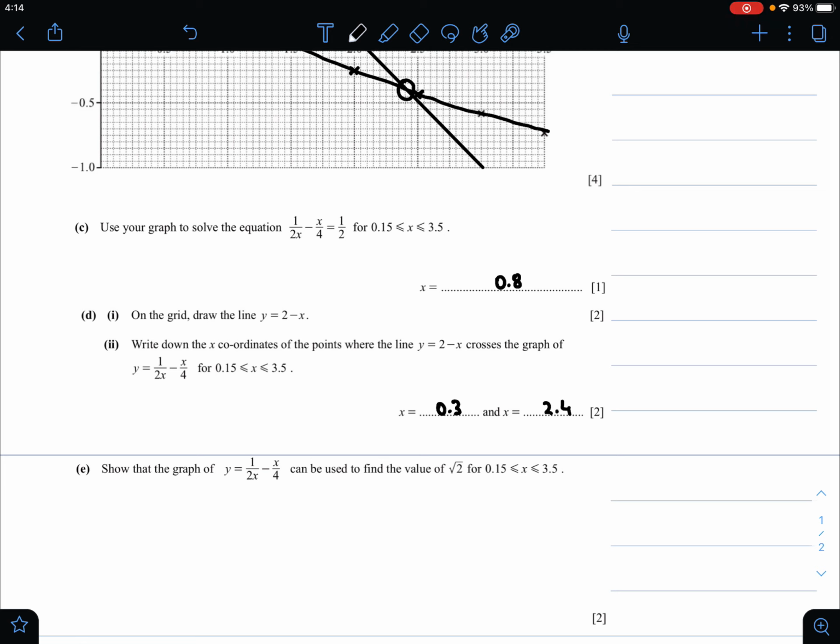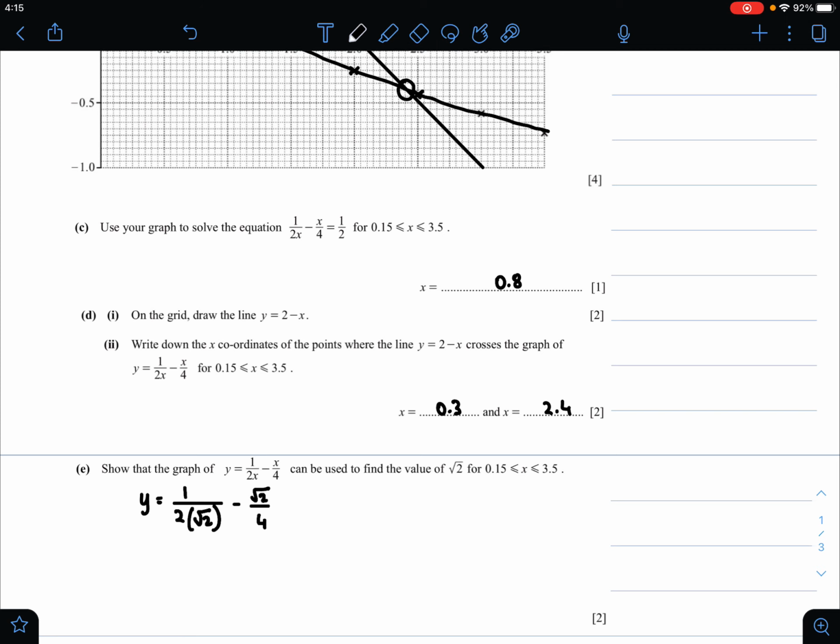For part E, they are telling us to show that the graph of y equals 1 by 2x minus x by 4 can be used to find the value of root 2. The easiest way to solve such a question is to simply substitute x as root 2. Therefore y is equal to 1 divided by 2 times root 2 minus root 2 divided by 4.